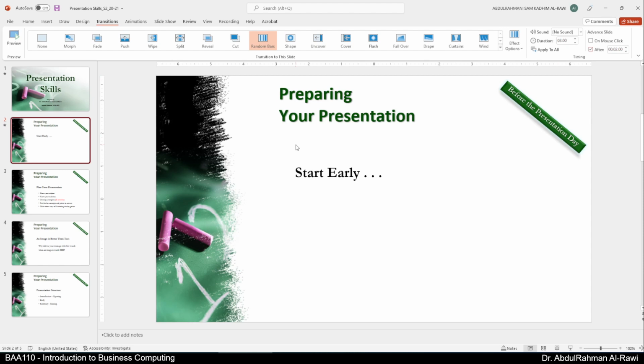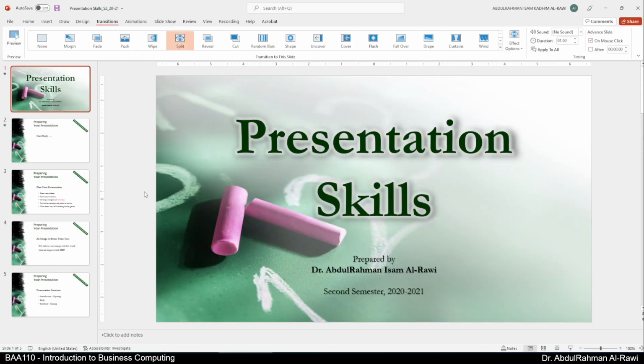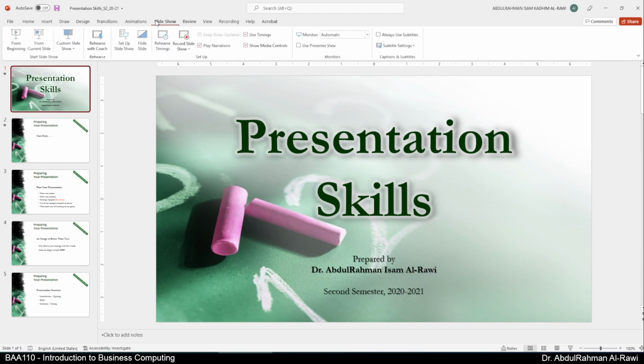To preview a presentation, as you saw at the beginning, you can press F5. This is going to start the presentation from the beginning. Or you can select the first slide and click the slideshow icon from PowerPoint taskbar, or you can go to the slideshow tab and select from beginning or from the current slide.